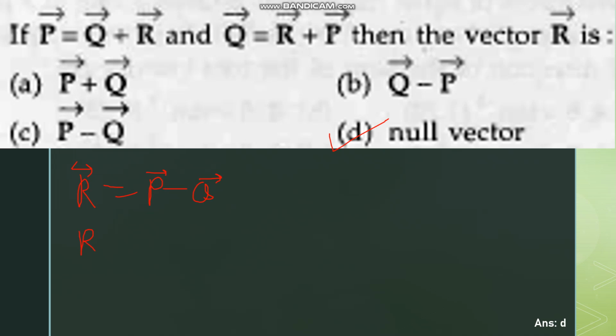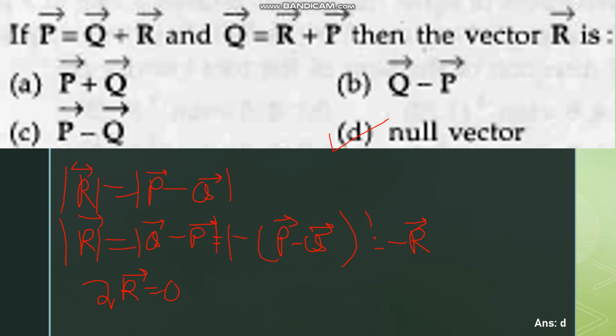Another time we can write R vector equals Q vector minus P vector, which is equal to minus of P vector minus Q vector, which is equal to minus of R vector itself. So we can write 2R vector equals 0. I am just talking about modulus only everywhere.